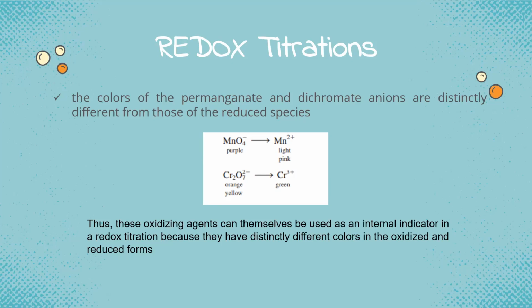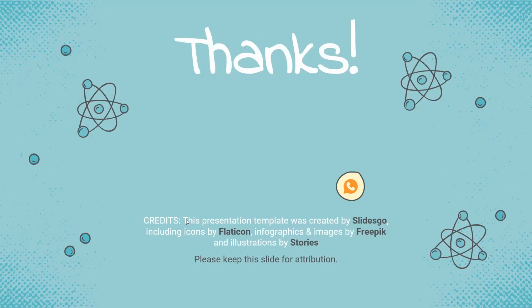So in this case, si oxidizing agent will actually be reduced from permanganate, magiging manganese ion siya. Pag na-reduce siya, mag-iiba siya ng color. So kapag ganito yung oxidizing agent na gamit during titration, hindi na kailangan ng additional na indicator. Sila mismo ay magiging indicator na during the titration.